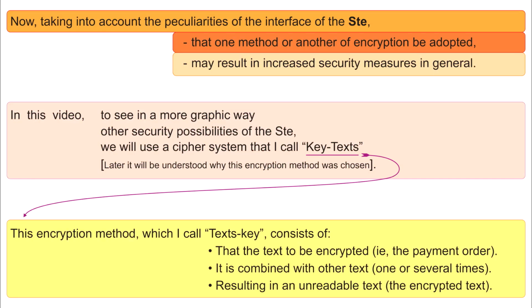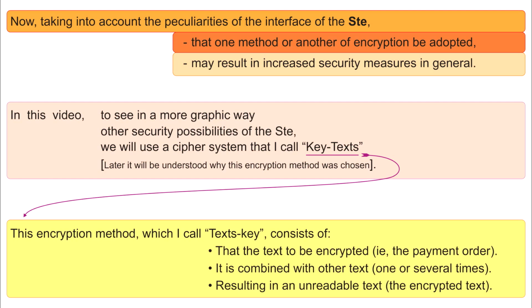Now, taking into account the peculiarities of the interface of the STE, whichever encryption method is adopted may result in increased security measures in general. In this video, to see in a more graphic way other security possibilities of the STE, we will use a cipher system that I call key texts.